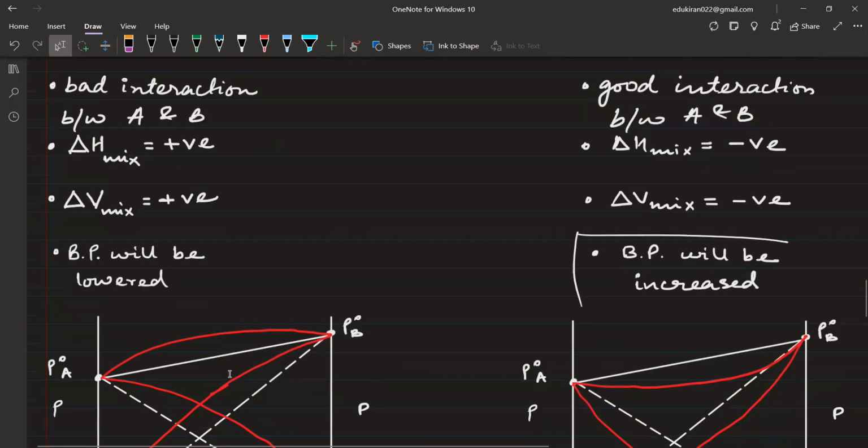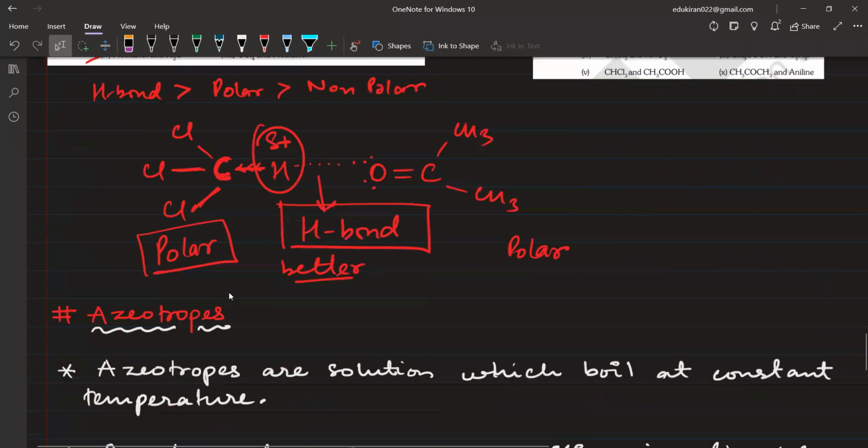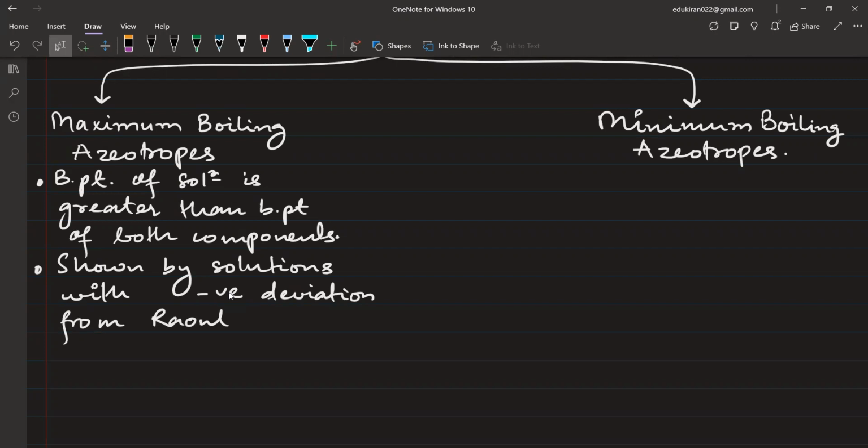ठीक है, boiling point of solution is greater than boiling point of both components कब हुआ था? Negative deviation में हुआ था, right? So maximum boiling azeotrope कौन दिखाता है, कौन शो करता है? Is shown by solutions with negative deviation from Raoult's law. ठीक है, minimum boiling azeotrope, that means boiling point of the solution is less than boiling point of both components.